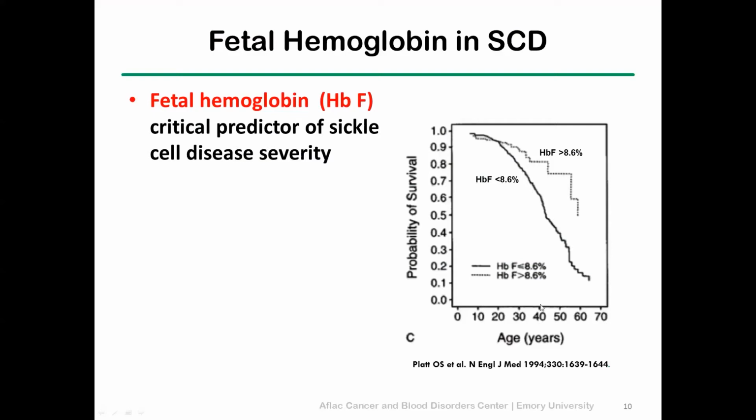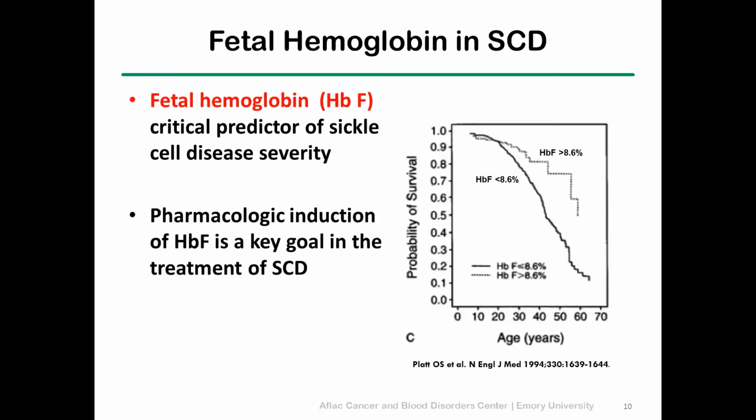If we just take this 50% or 0.5, without treatment with hydroxyurea, about 50% of the individuals with sickle cell anemia who have the relatively lower amounts of fetal hemoglobin would still survive past 40 years of age, but you can see that for the individuals who have higher levels of fetal hemoglobin, the survival is significantly improved.